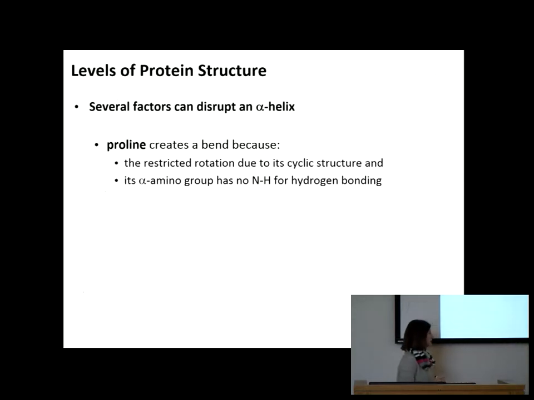Because of that lack of free rotation, it disrupts the alpha helix. So that's for proline. So there's no hydrogen bonding, so you can't have the alpha helix if you have a proline.